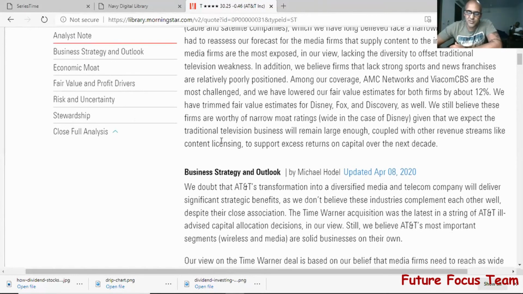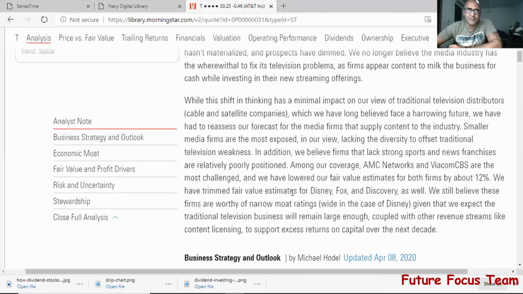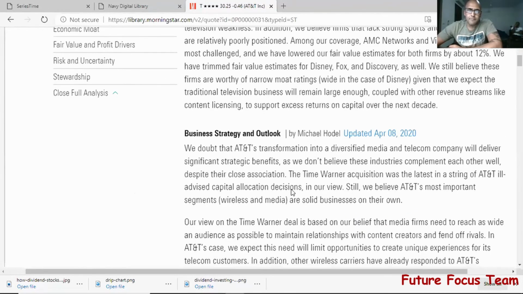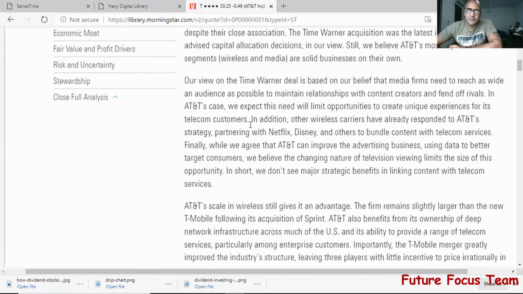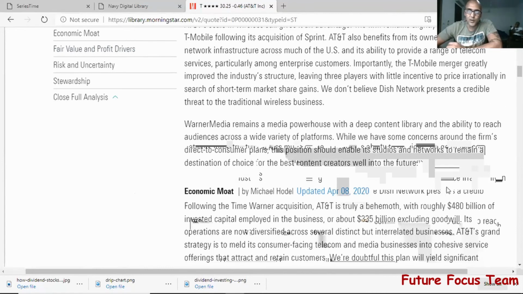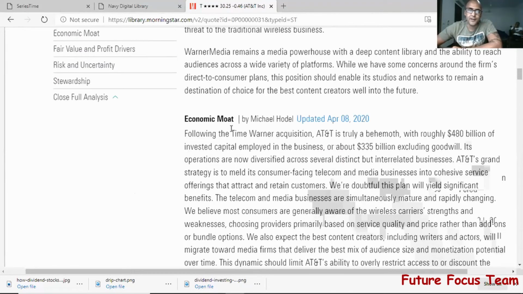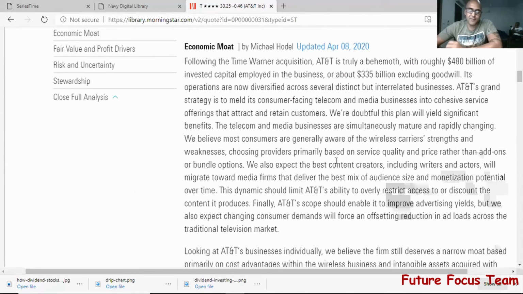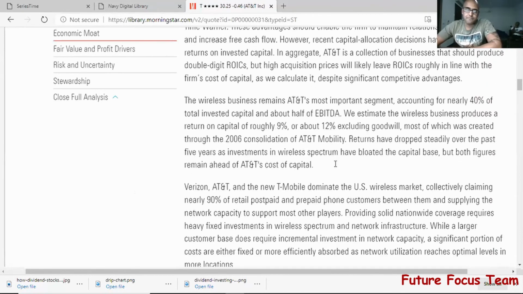So their profit, there are other companies that are going to cut into their profit. Their strategy and outlook is a kind of forward-thinking segment. It tells you what the economic moat can be if the company has one. If it doesn't, then it'll say it doesn't have one.